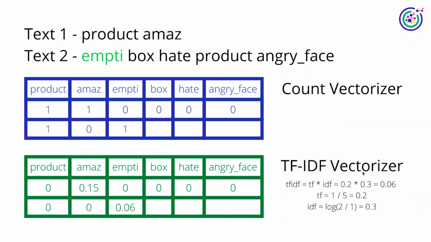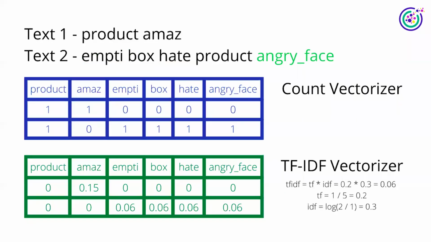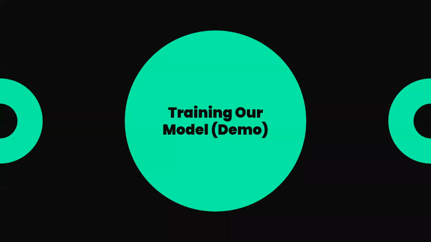And in TF-IDF, it becomes 0.2 times 0.3. It occurs one time in a sentence of length 5, that is 1 by 5, which equals 0.2. And for IDF, it becomes 2 divided by 1, since we have two texts and the word occurs in only one, so it becomes 0.06. And since the structure is the same for the others, all the entries will be 1 and 0.06. Same for hate and same for angry face, right? And that's how it all works.